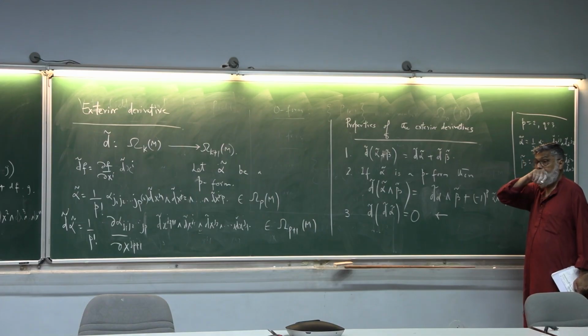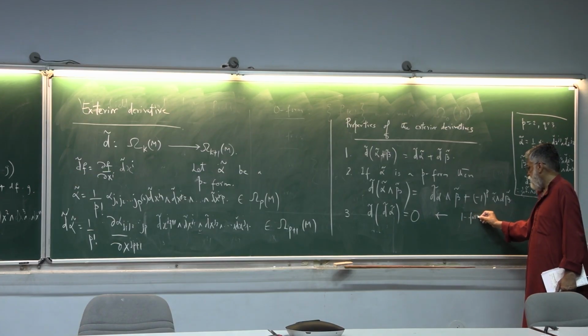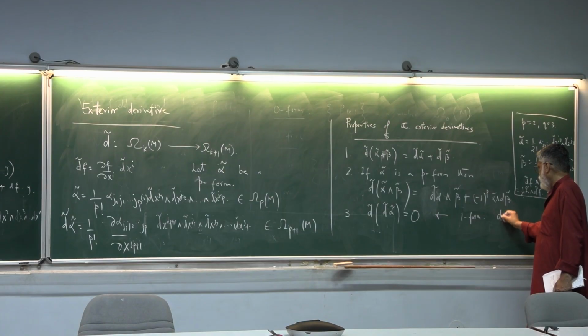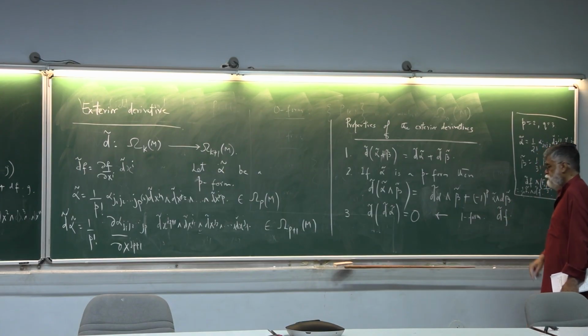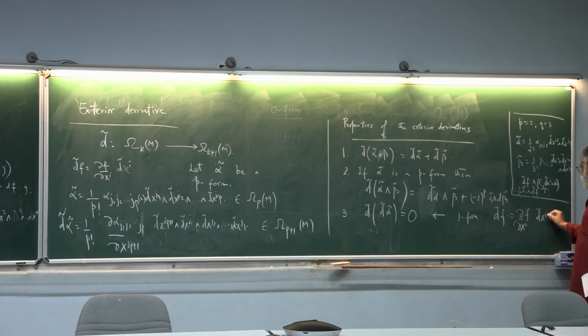Suppose I take a one form, which is d of f. d of f can be written as del by del xi of f, d xi.